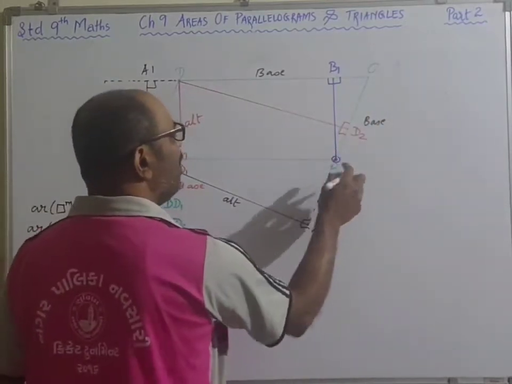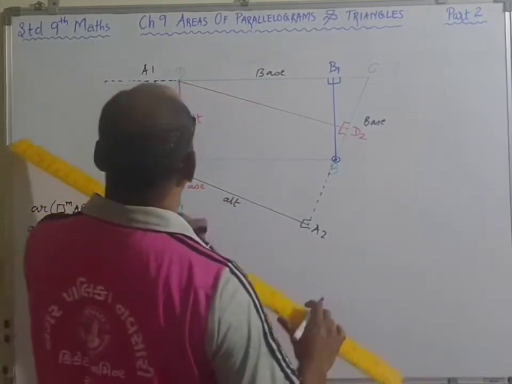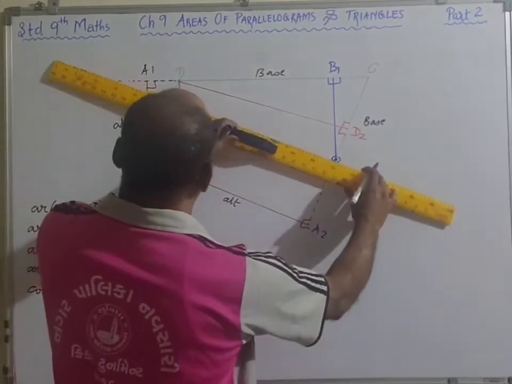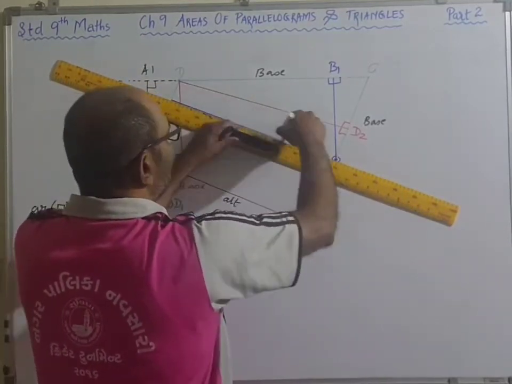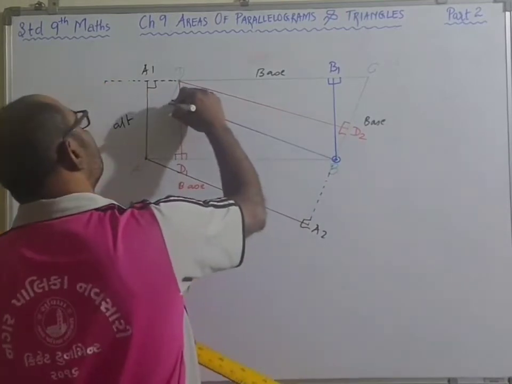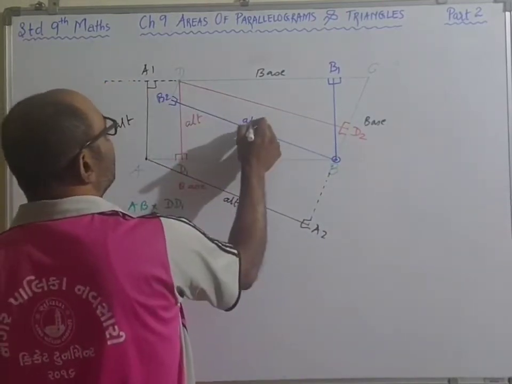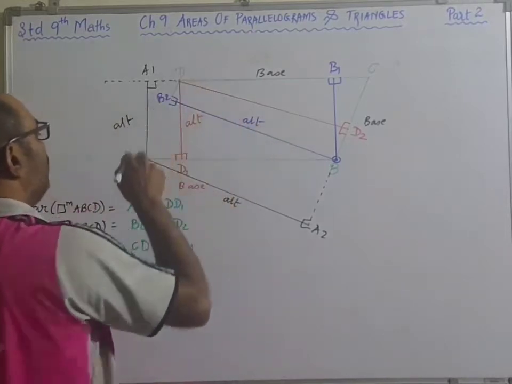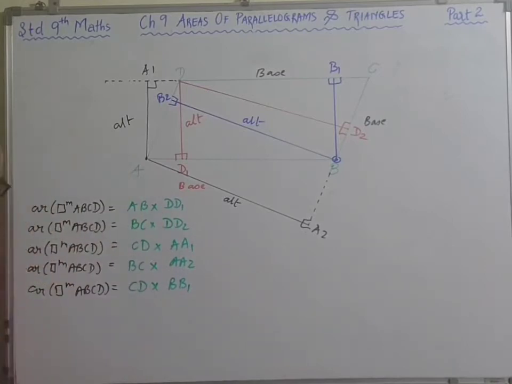Now from same B, you can drop altitude to another opposite side AD. Yes, and the foot of perpendicular will be on line segment AD. Let me draw perpendicular. Yes, this is perpendicular BB2. That is another altitude corresponding to base AD. So we have another formula.